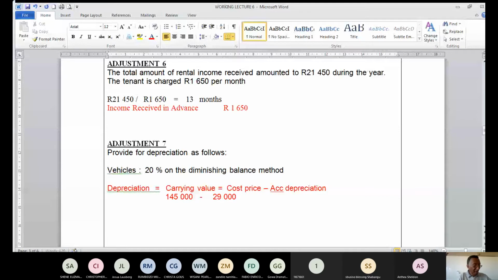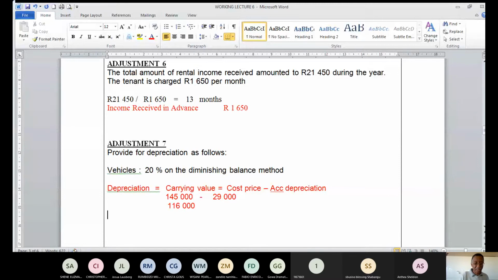Therefore, the carrying value will be equal to 145,000 minus 29,000, which is an amount of 116,000 Rand. That is the carrying value.